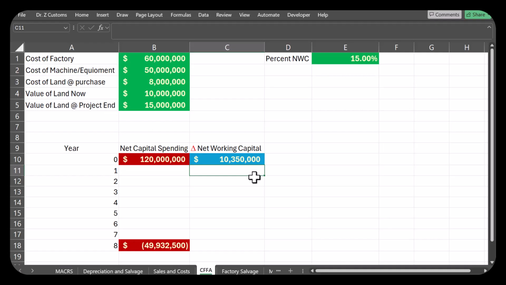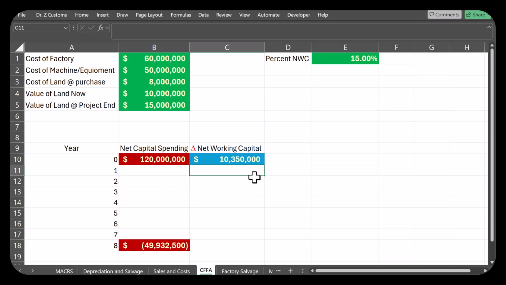So this means as a result of putting the project in, I have to put in $10.35 million right now as an addition to my net working capital. And I calculate that off of net sales. But next year, my net sales is not constant. In fact, it is going up, which means I need to add some more.